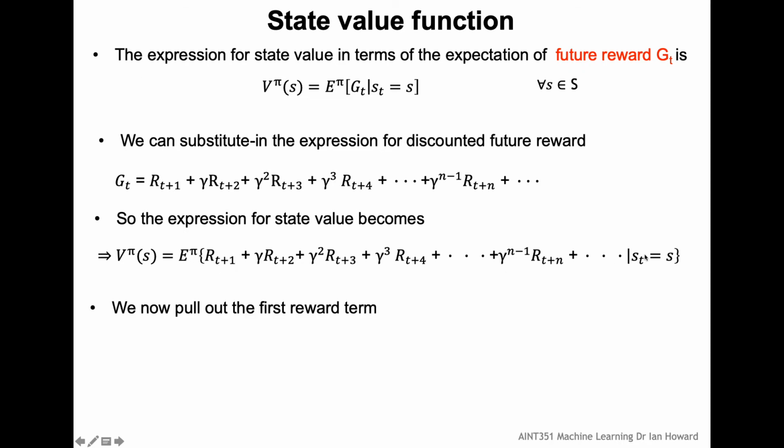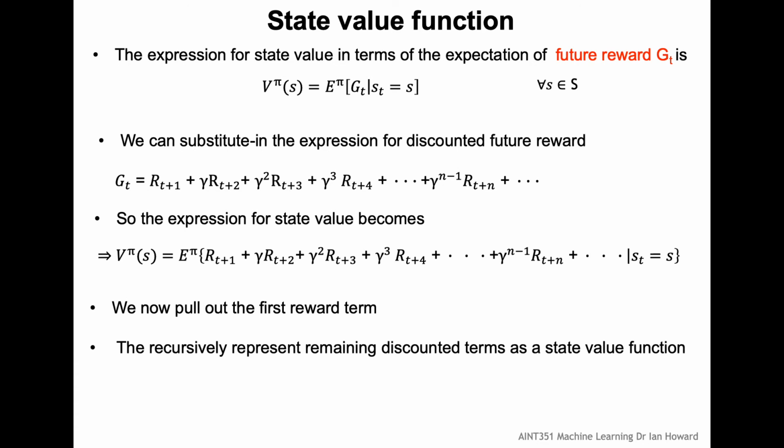We can then rewrite that in terms of a recursive relationship. First of all, we can see that G_t is given by the first term plus effectively this gamma factor multiplied by the future reward at the next step forward in time.